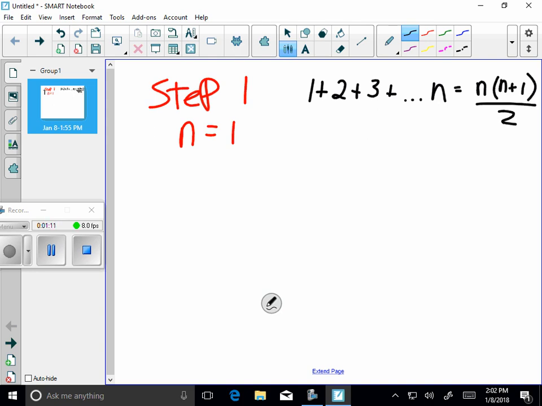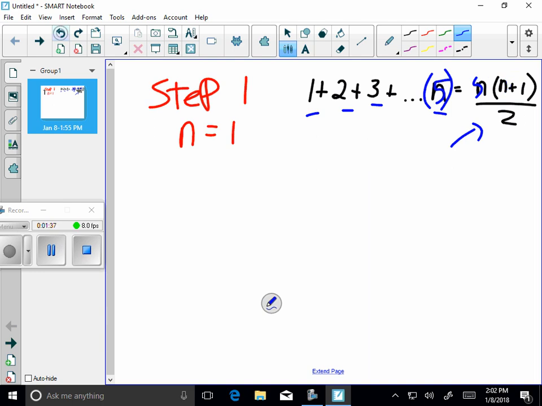All right, so if we're going to prove this, first you have to understand it. If I put in like 5, and I think it means this, if n is 5, then do you get 1 plus 2 plus 3 plus 5? Do you get that that's not what's happening? Okay, what is happening?